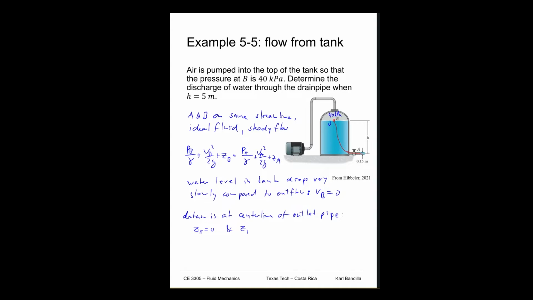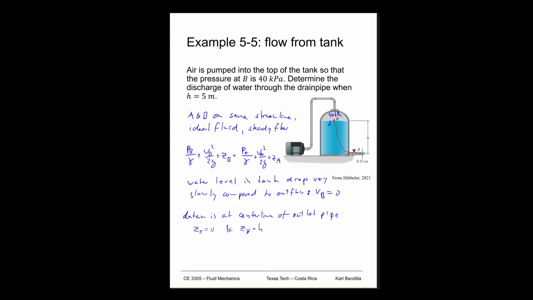And ZB would be just H, right? And we're given H as 5 meters. All right, so we know PB, VB, ZB, PA we know as well, right?